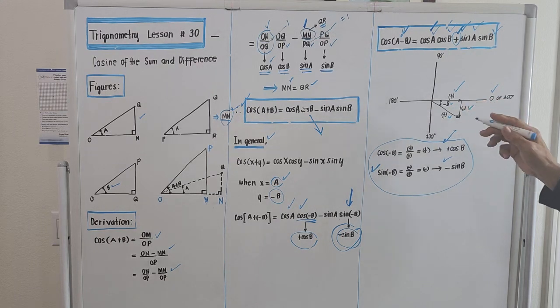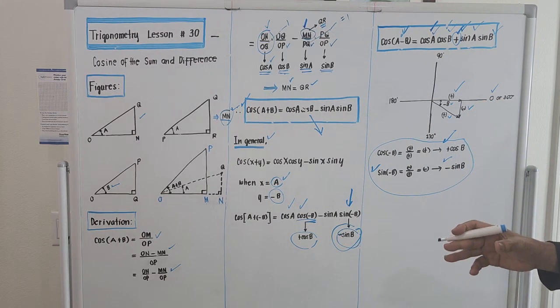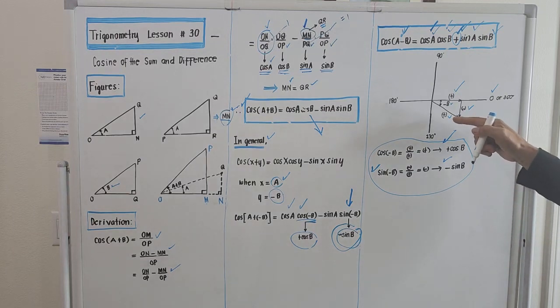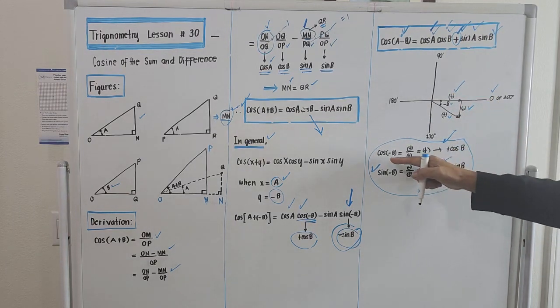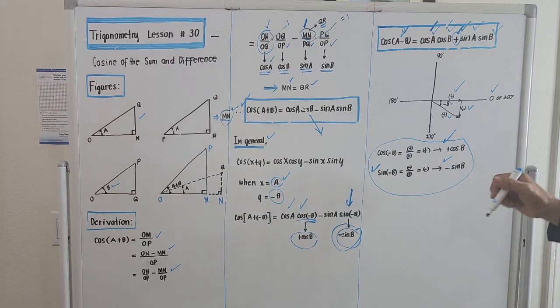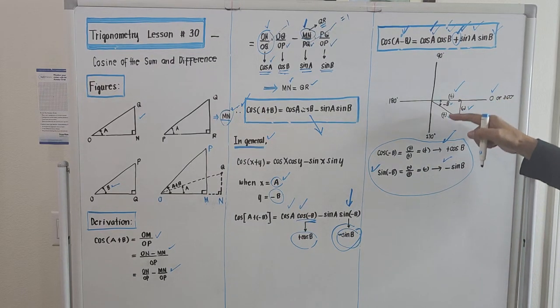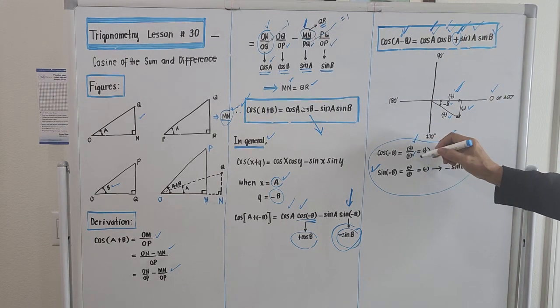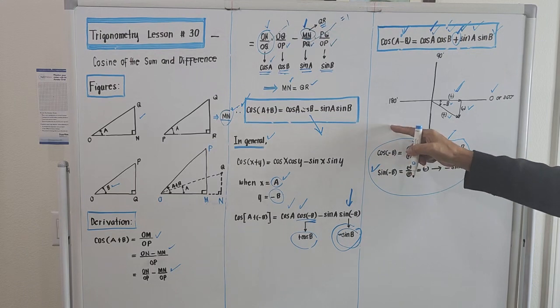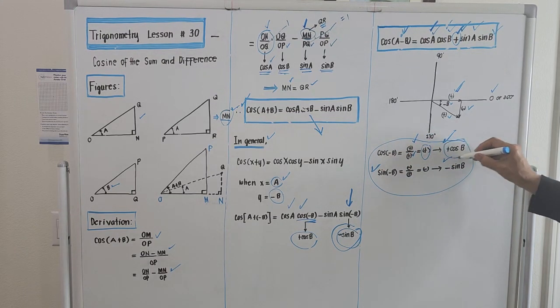So to take the proper sign of the sine function and cosine function, we'll be using this one. For a cosine of negative of angle B, what's cosine? It is adjacent over hypotenuse. So this should be a plus over a plus. A plus over a plus will be a plus. So cosine of negative of angle B will be plus cosine of angle B in this case.